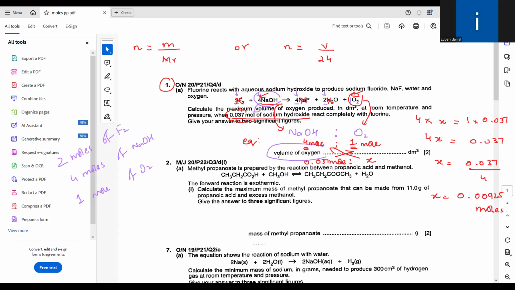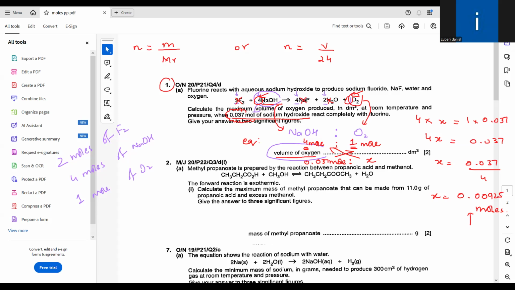But they were not asking about moles. They were asking about volume. Is there any formula which we can use to find out volume? The answer is yes. Hassan, 1:4, you see here, this is 4 written in the equation and that's 1 written here.